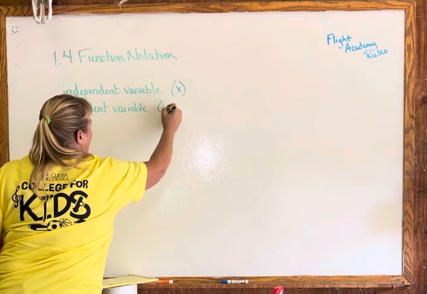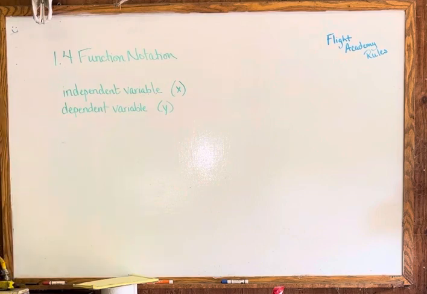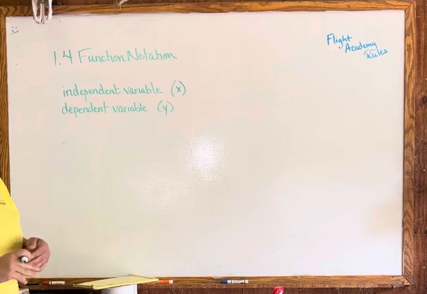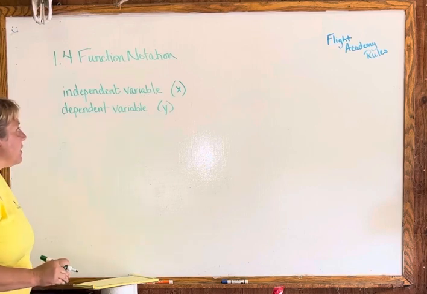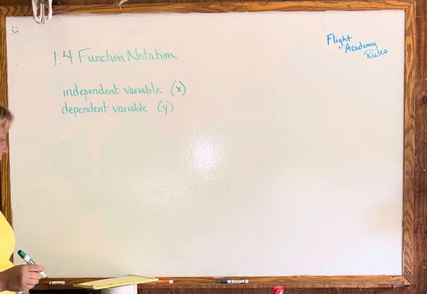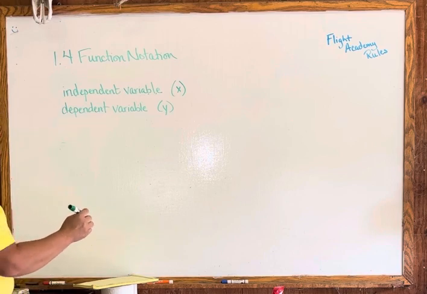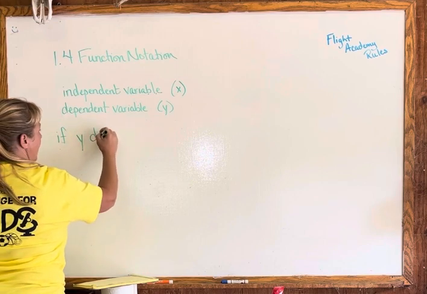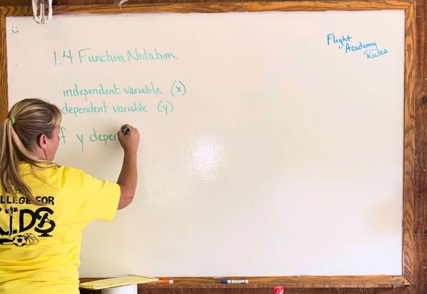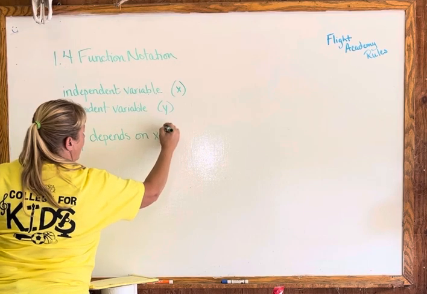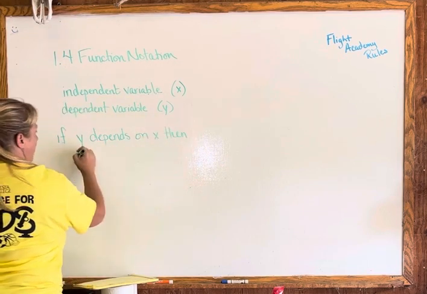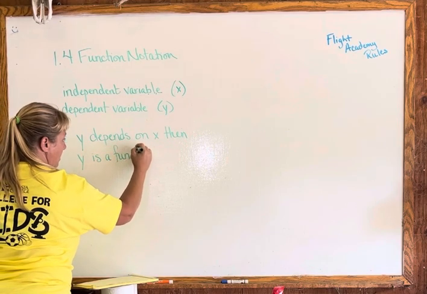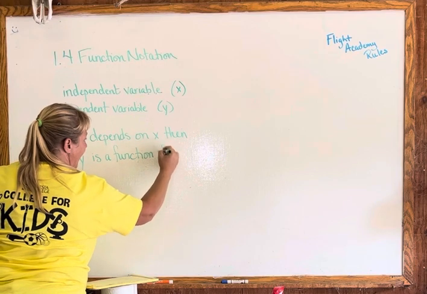will be our outcome, or what do you get? So if I tell you that x equals 1, what's the answer going to be? What's the y value going to be? So we have the independent variable x and then the dependent variable y. And if y depends on x, then y is a function of x.